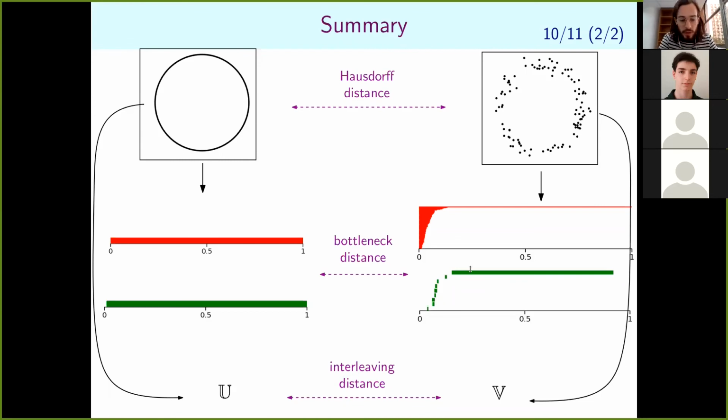Okay. So we can trust persistent homology in practice. Okay. This is the stability theorem.